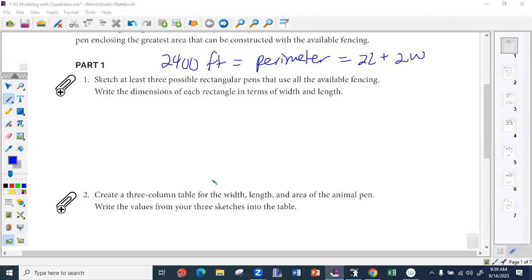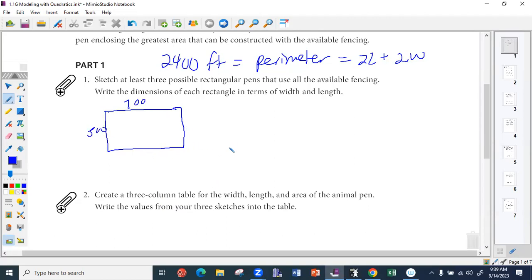All right, someone give me one of your designs. 700 by 500. Cool. Option 1.